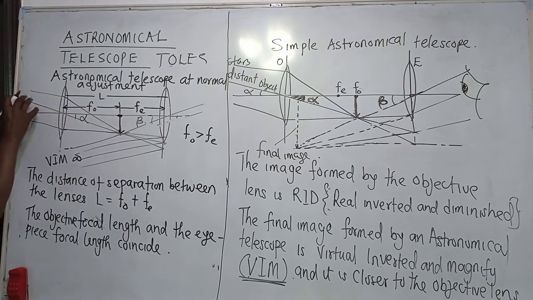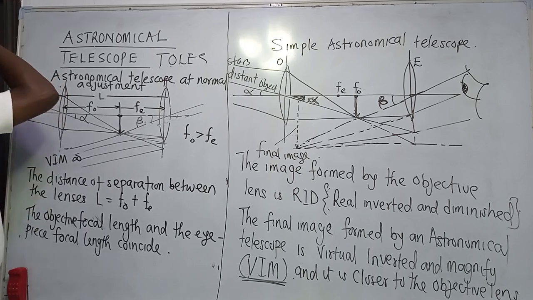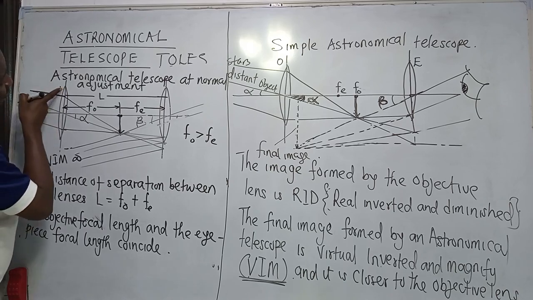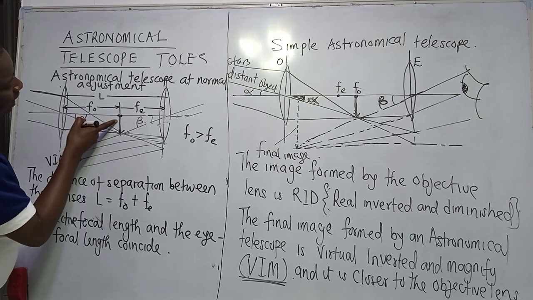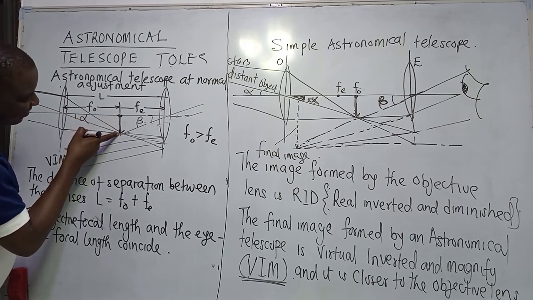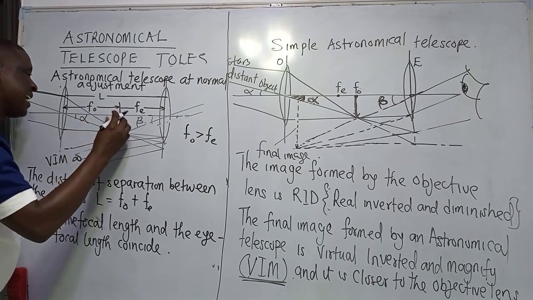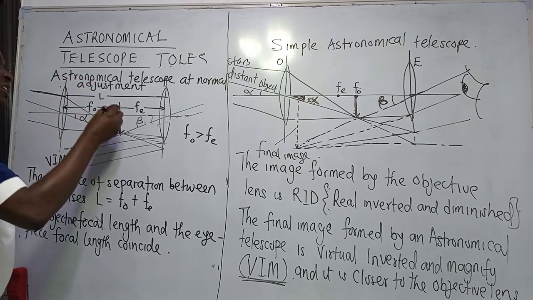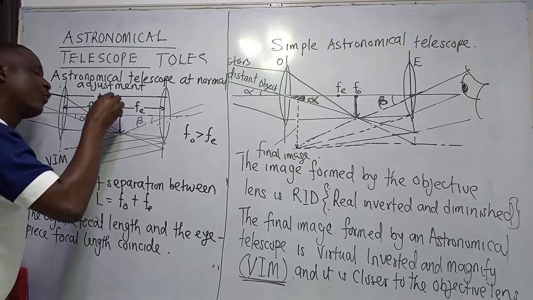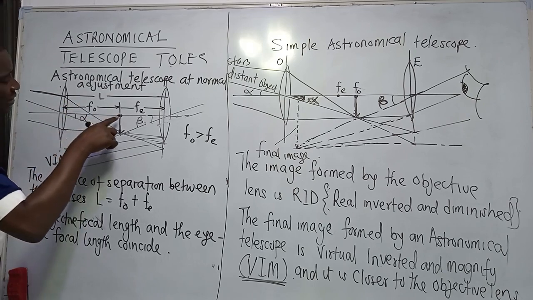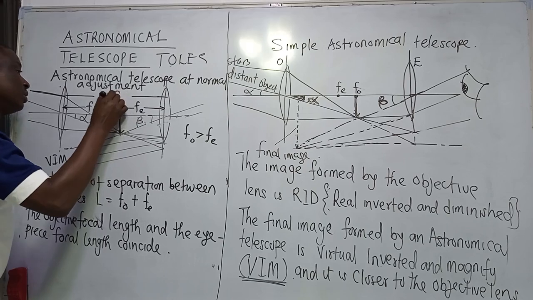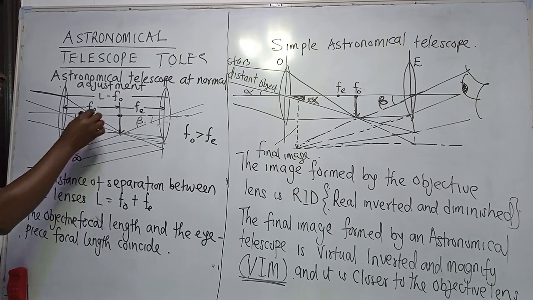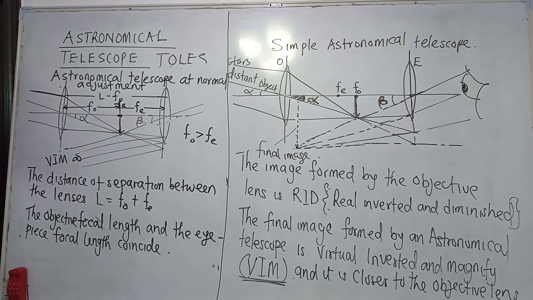Coincide means meet. So the light collected by the objective from a distant object is focused and produces an image at the eyepiece focal length, which is also the point at which the objective focal length and eyepiece focal length are meeting.